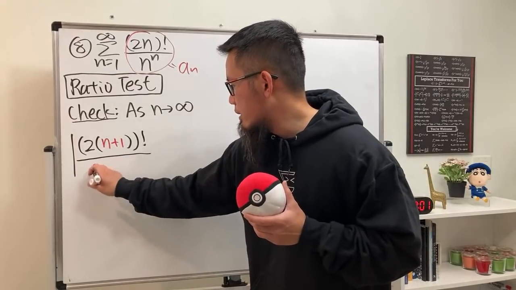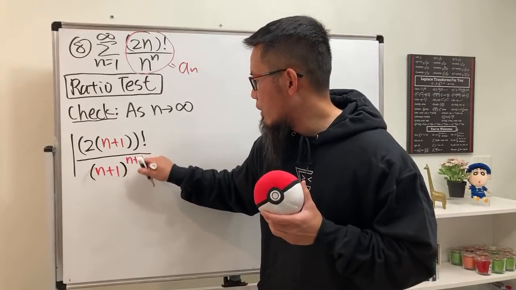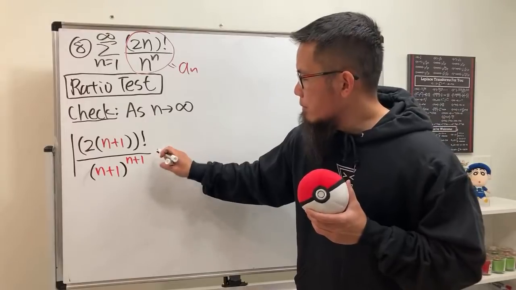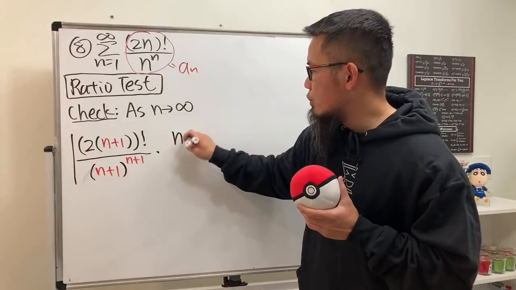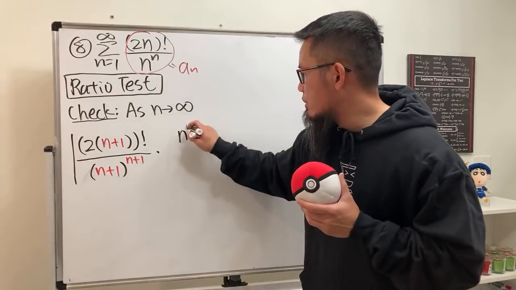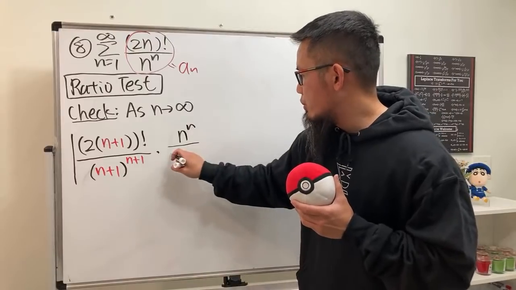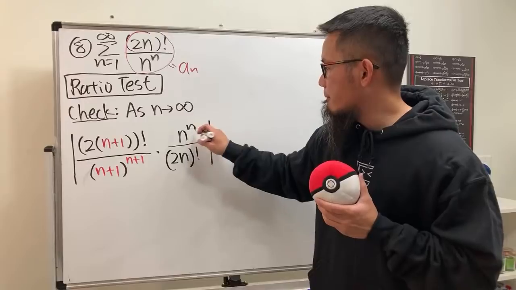I put on parentheses, n plus 1, and then n plus 1. We will multiply this by its reciprocal, so we have n to the n over (2n)!.